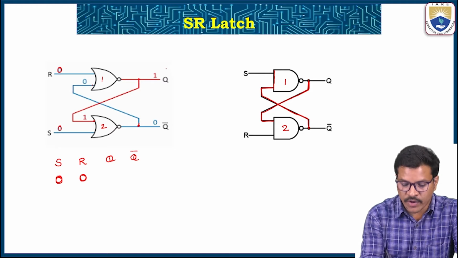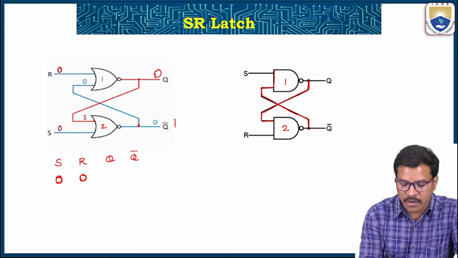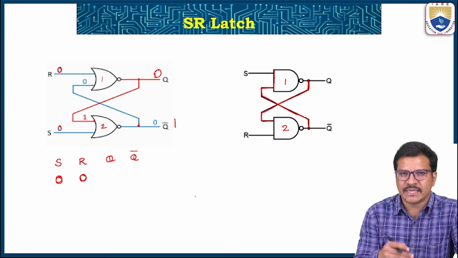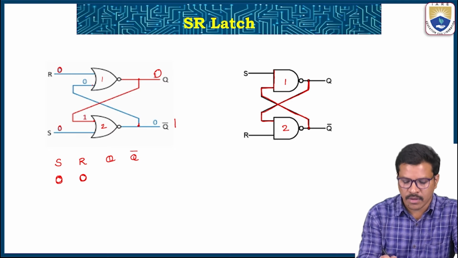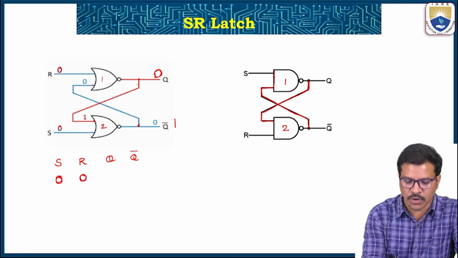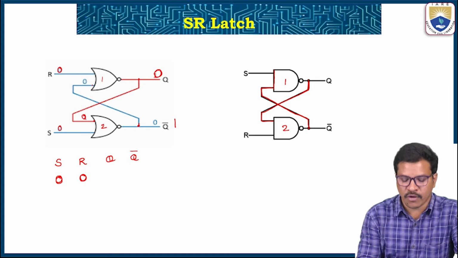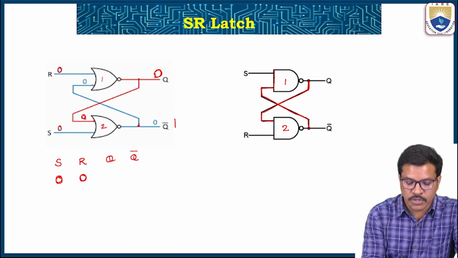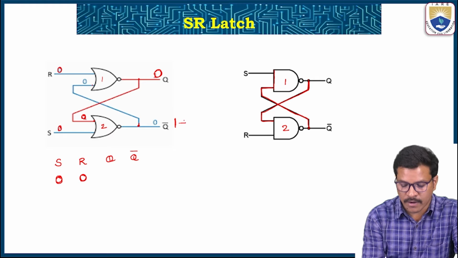So in this case we can assume, or initialize, that the Q output is 0. When we assume that Q is 0, automatically Q bar is 1. This assumption makes the circuit settle to some output after some time. Q equal to 0 means that 0 is available at this input, so with two inputs 0 and 0, the second NOR gate gives logic 1.